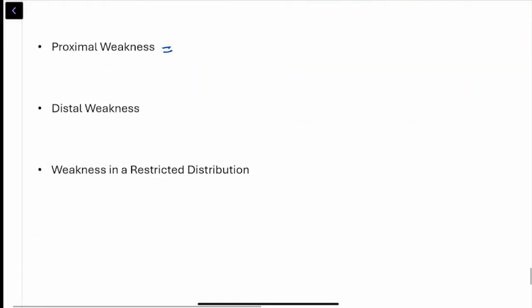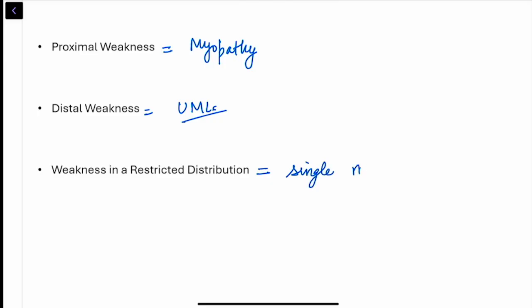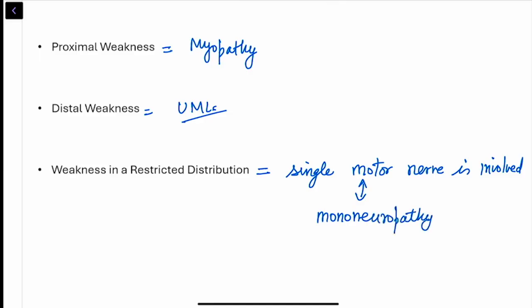Proximal and symmetrical weakness, we have just read, is seen in myopathy. Distal and asymmetric weakness is seen in upper motor neuron lesions. Weakness in restricted distribution, for example when a single motor nerve is involved, happens in mononeuropathy. And what are the causes of mononeuropathy? It is vasculitis many a times.